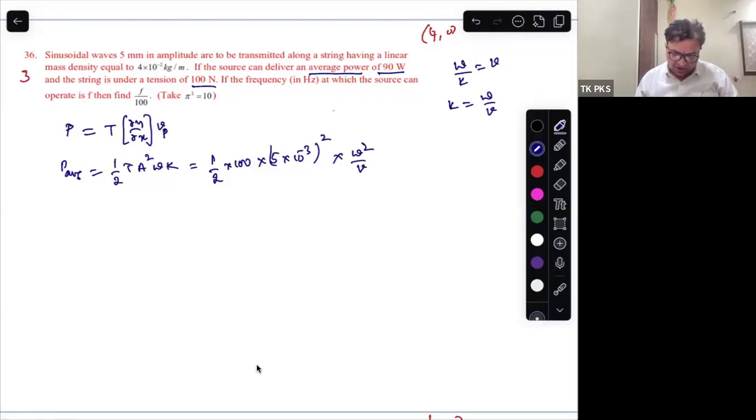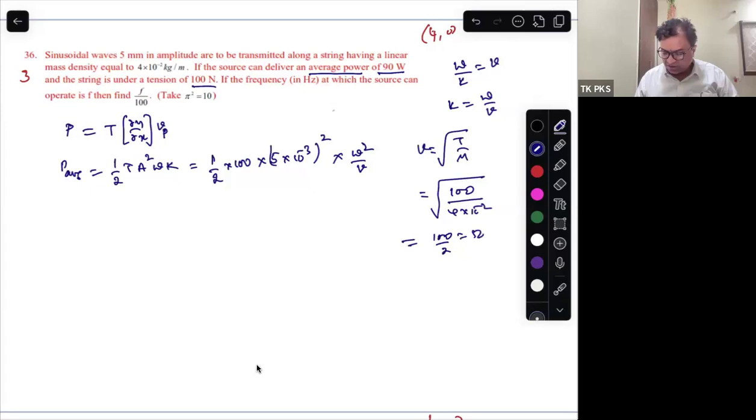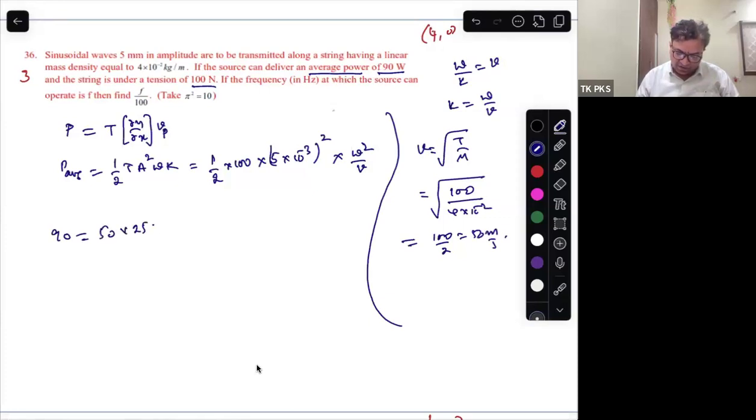We want to find the frequency part actually. Don't worry, V is root T by mu. Tension is 100 newtons. Mu is given as 4 into 10 power minus 2. This will become 100 by 2, 50 meter per second. Now you substitute all that over here. 90 is equal to 50 into 25 into 10 power minus 6 into omega square, 4 pi square f square, by 50. 50 cancel.